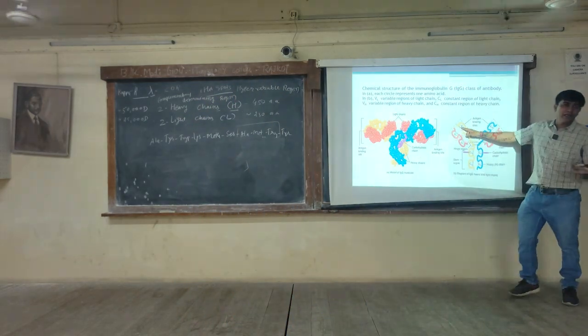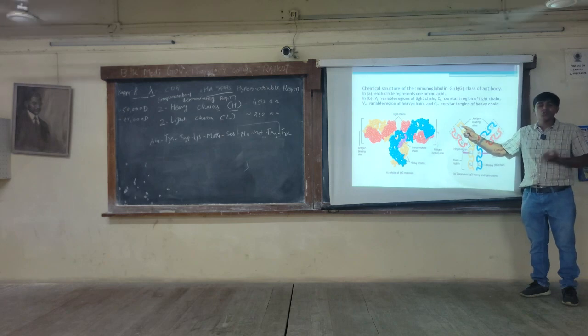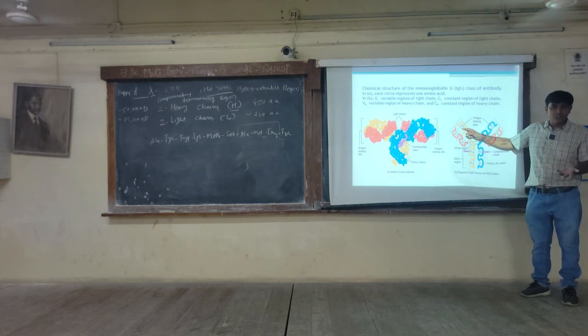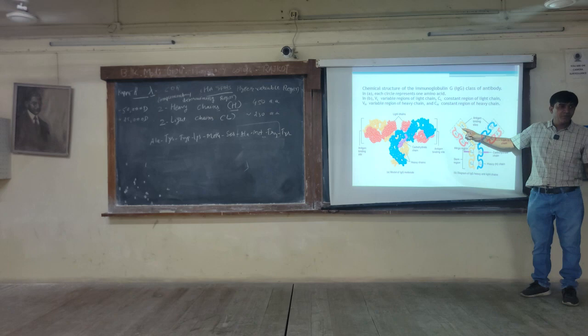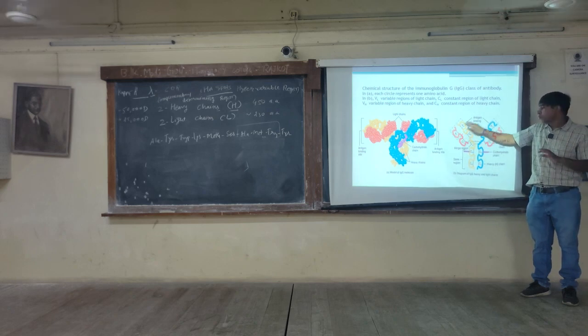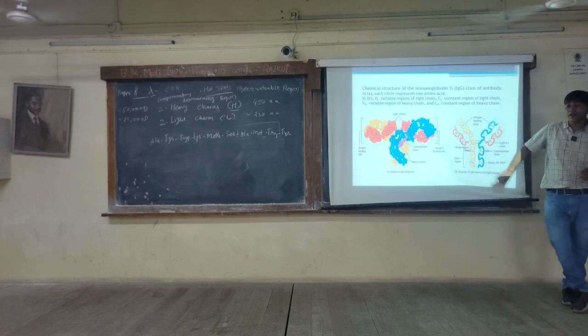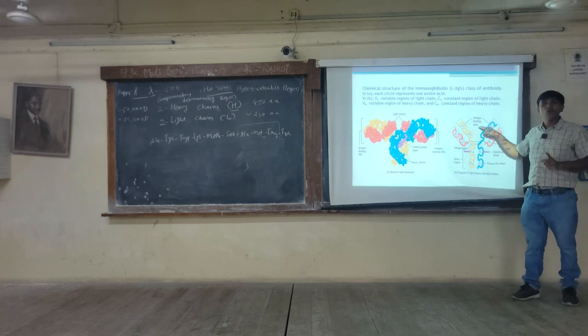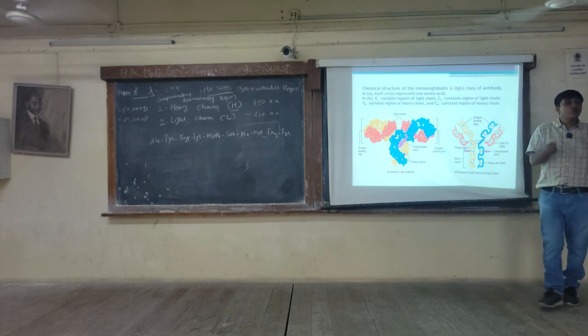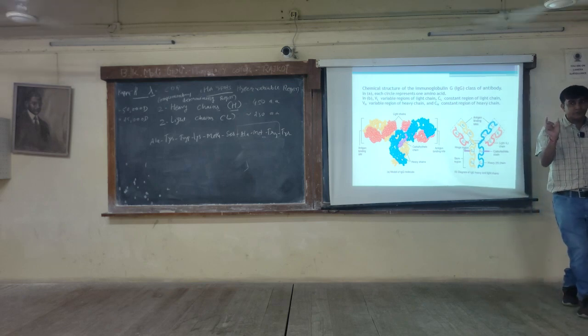But this is rarely happening because the smallest antigens which invade the body are the toxins produced by the bacteria. They are also enzymes or peptides. So they are large enough that they can cover both the sides. But if smaller molecules are there, then one immunoglobulin can bind with 2 sides of the same antigen as well.